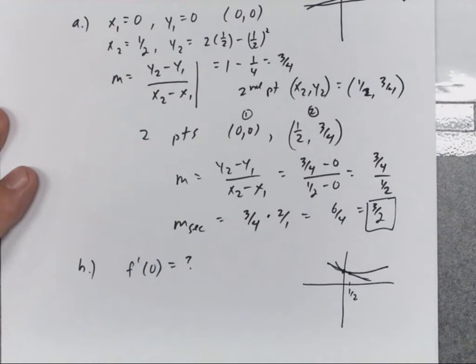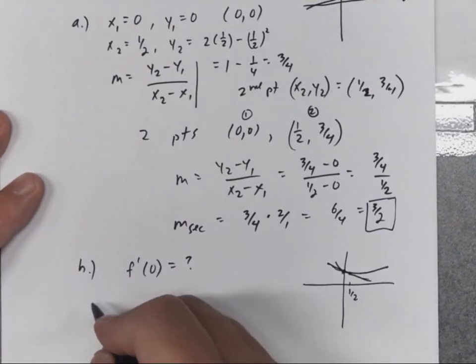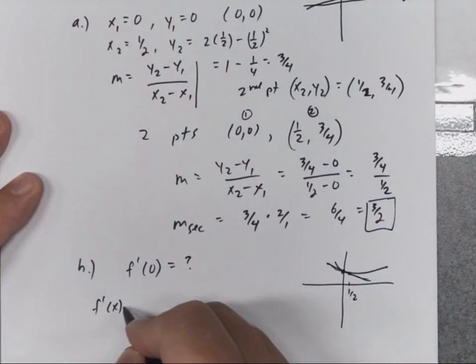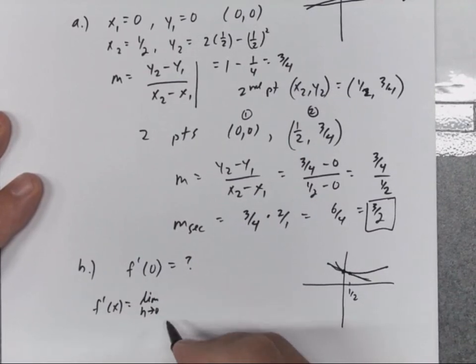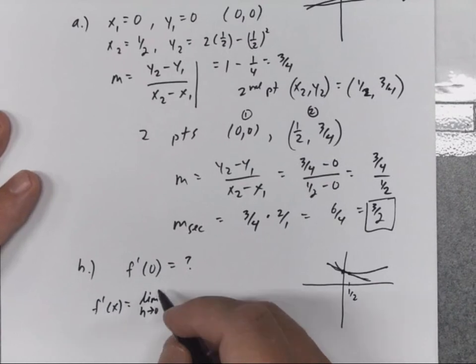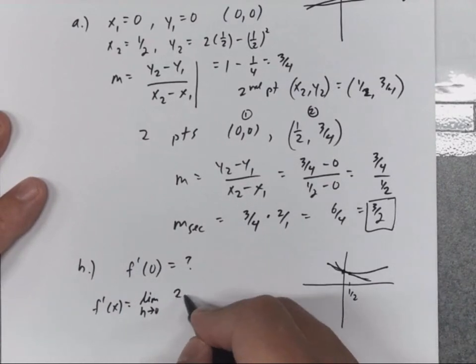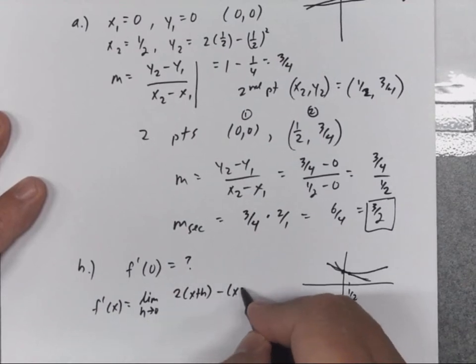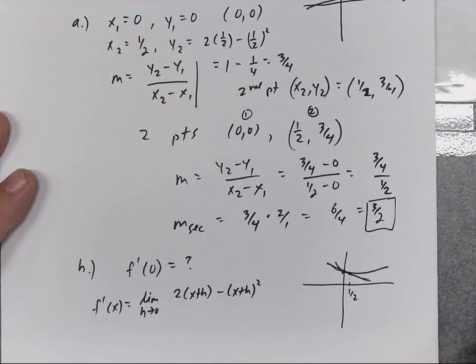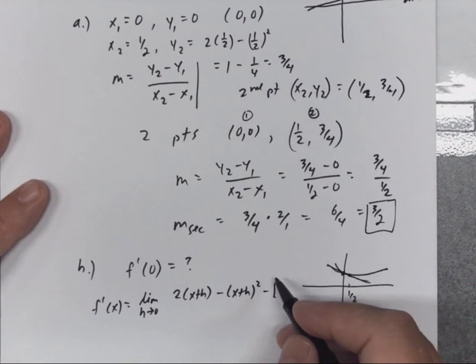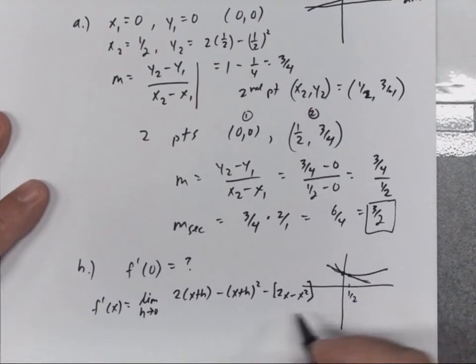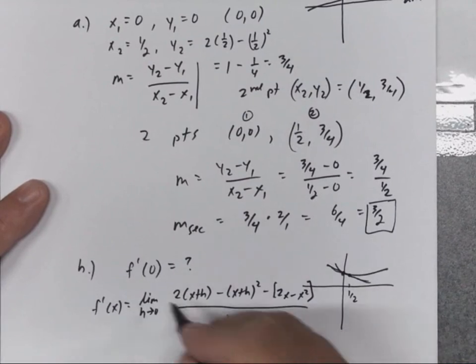So now we have to go back and find the derivative of our original function. We've done this many times before now. So let's just, as h approaches 0, f of x plus h, so 2 times x plus h minus x plus h squared, minus f of x, 2x minus x squared, all over h.